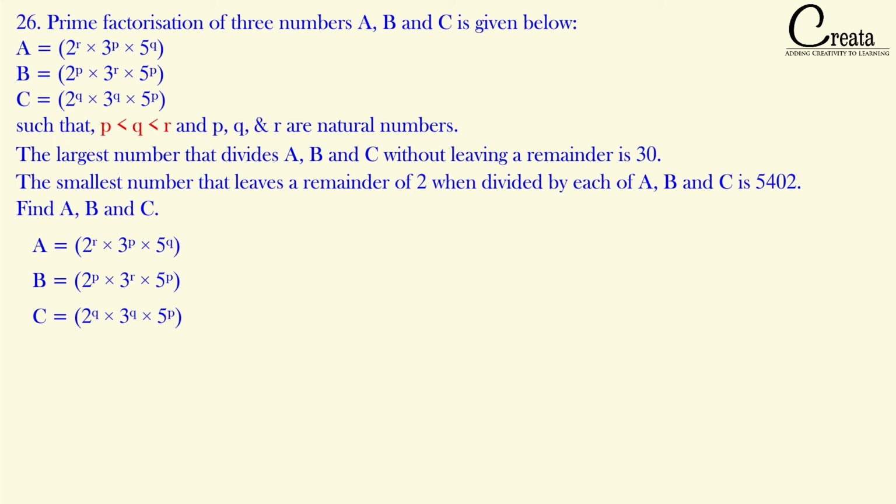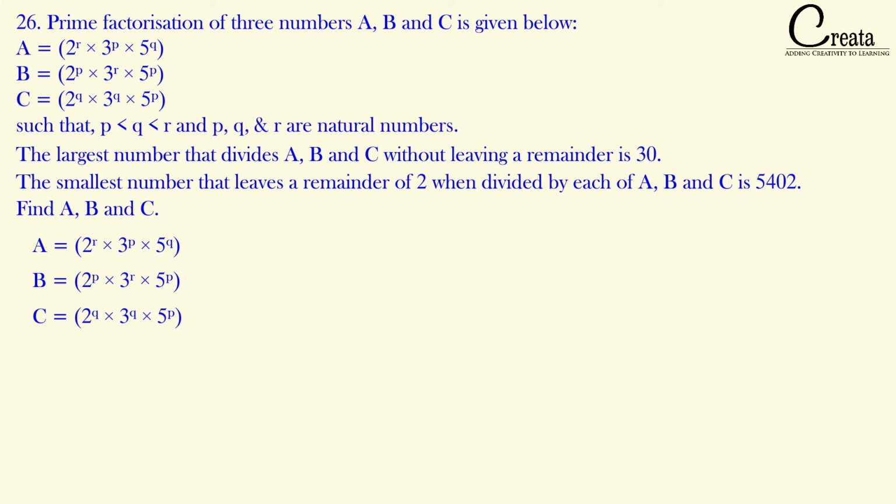It means r is the largest of p, q and r and p is the smallest. Got it? P is the smallest, then comes q, then comes r. And it is also given p, q, r are natural numbers. Natural numbers start with 1, 2, 3, 4, 5 up to infinity.